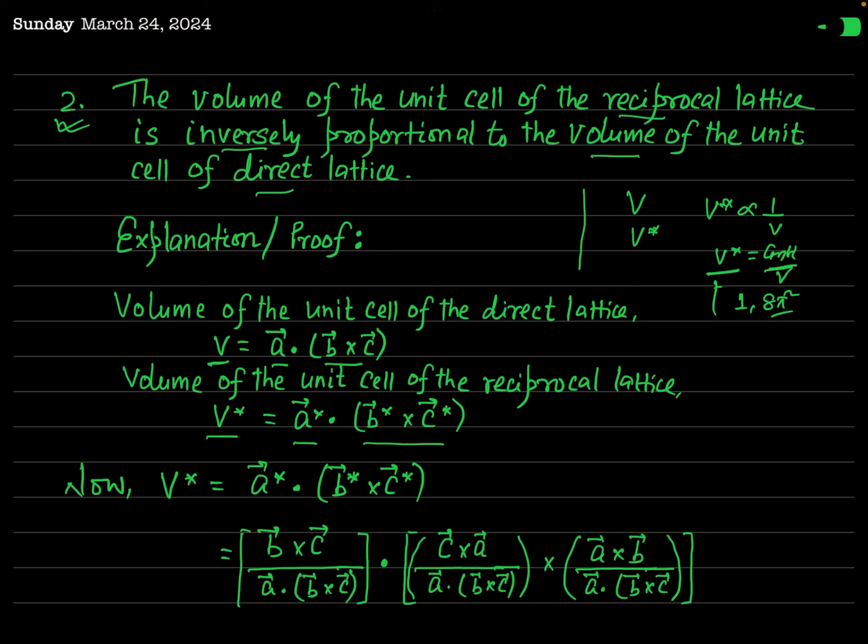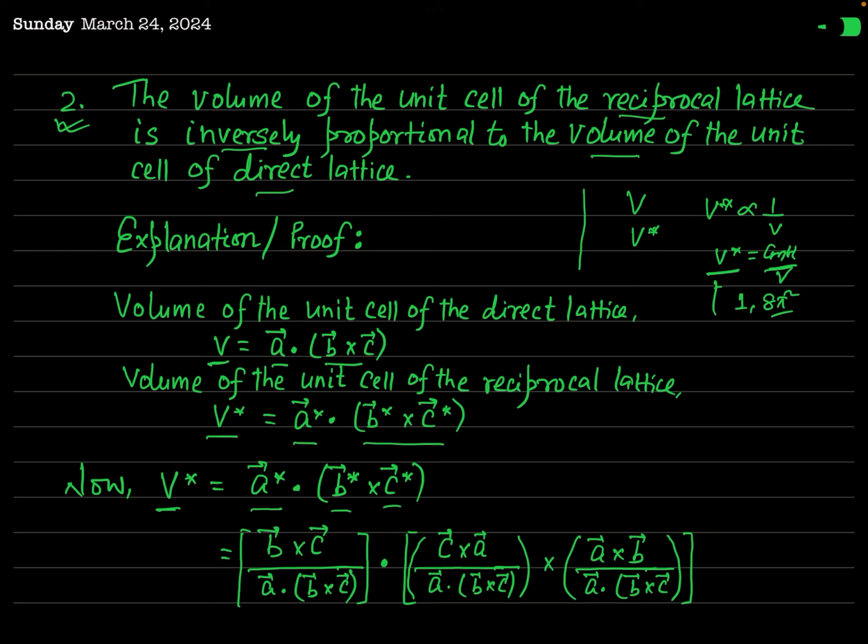As I have told you, we have to show that this V star is inversely proportional to V. For proving this, let us evaluate the value of V star. In other words, our aim is to relate V star to V, where V star is the volume of the unit cell of the reciprocal lattice. In accordance with its definition, V star is equal to A star dot B star cross C star.